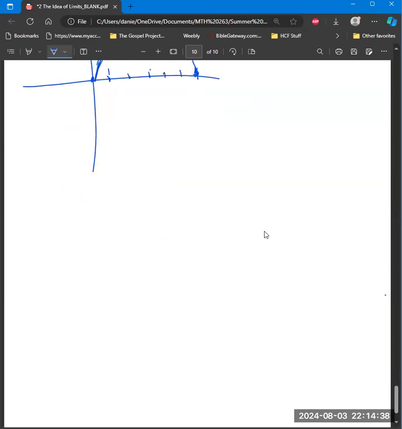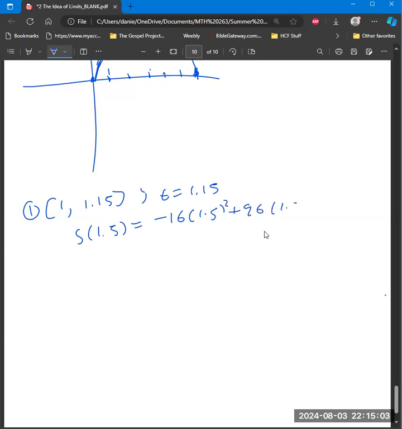And then I can use the interval from 1 to 1.5. t equals 1.5, I get s of 1.5 equal to negative 16 times 1.5 squared plus 96 times 1.5, which is equal to 108.